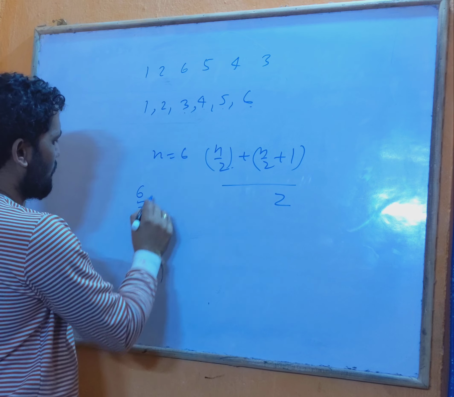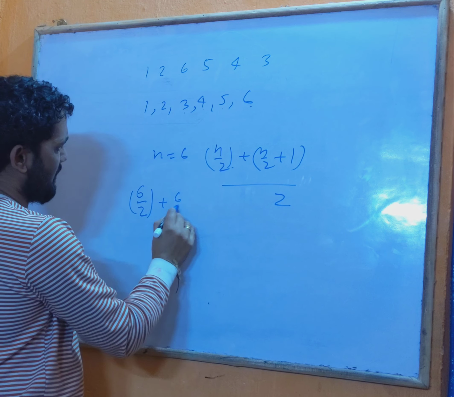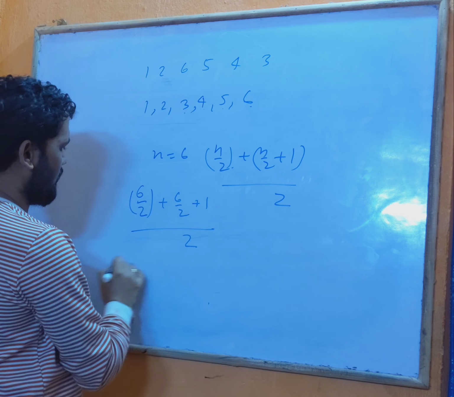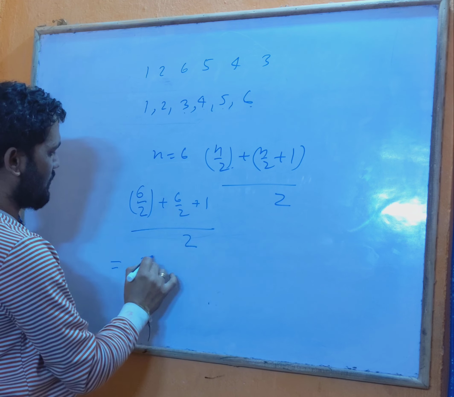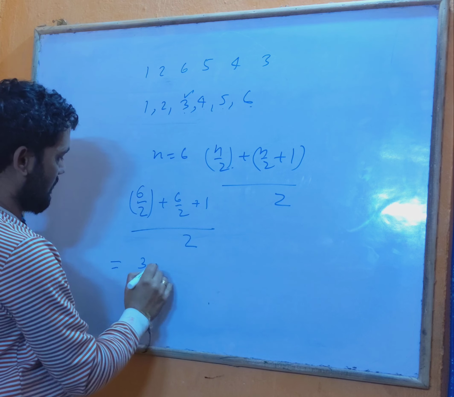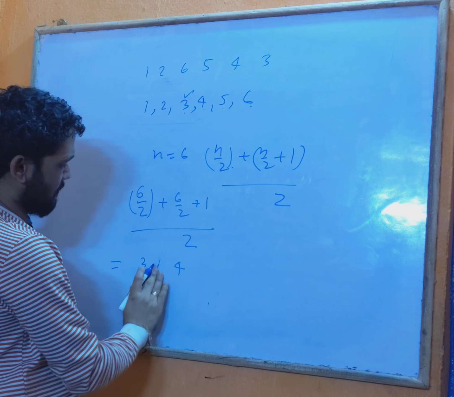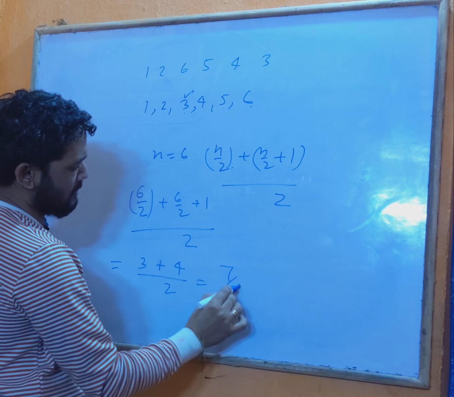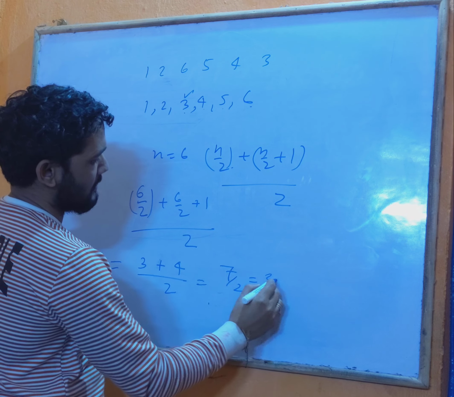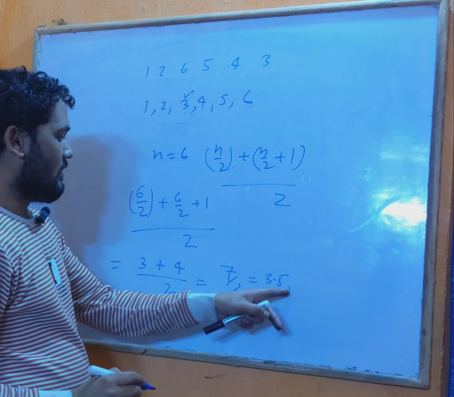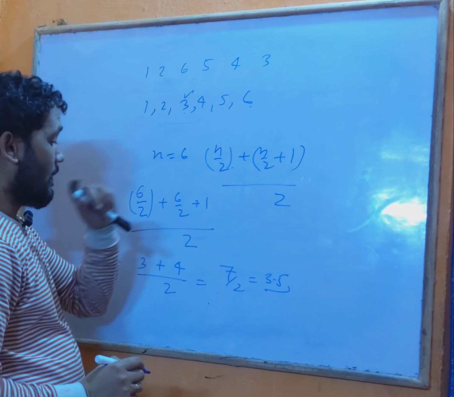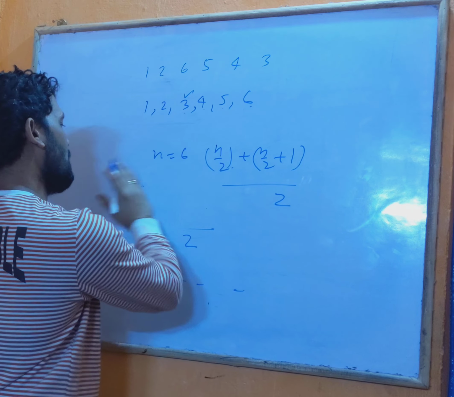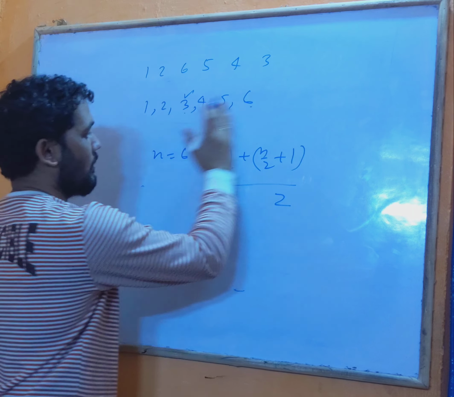So the 6 by 2 observation and the 6 by 2 plus 1 observation divided by 2. The third observation and the fourth observation divided by 2, which is 7 by 2, is your median.